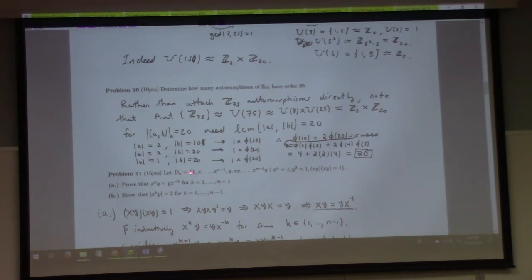Dn is the dihedral group, the usual terms and conditions. I asked you to prove our happy relation, right? And that anything has order 2. I think once you've proved this, proving that is actually pretty easy. So proving this is induction, right?